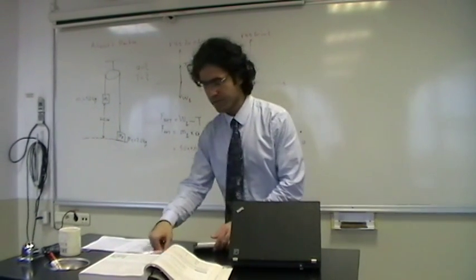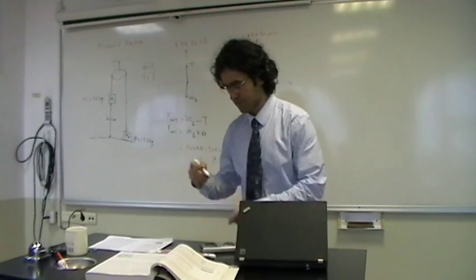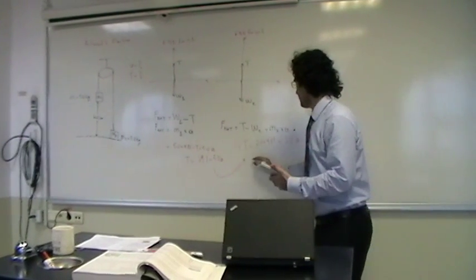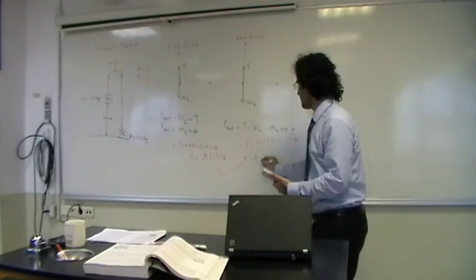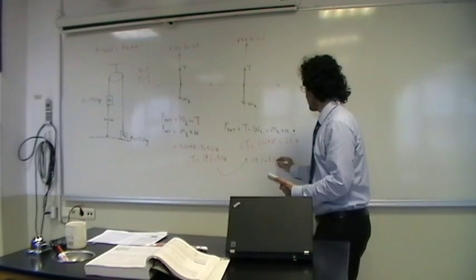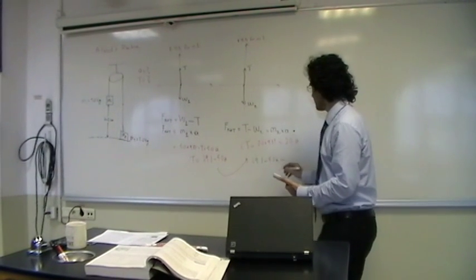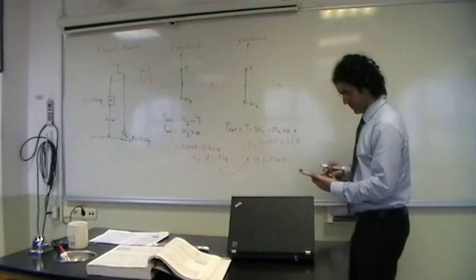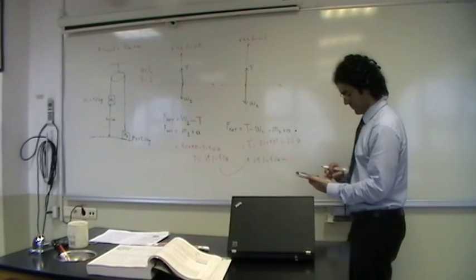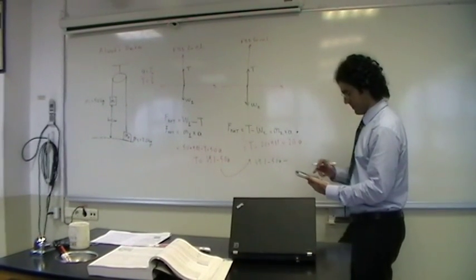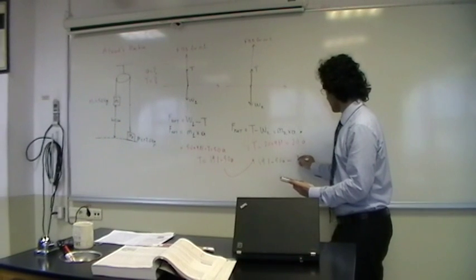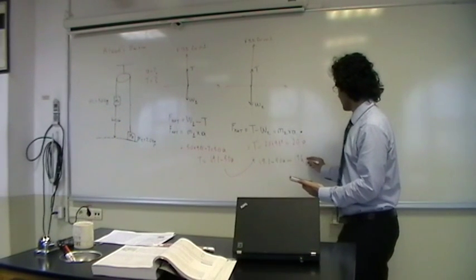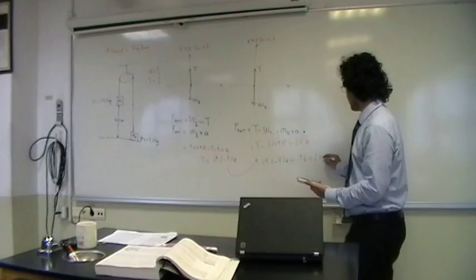Let me change the color. 49.1 minus 5.0a minus, let me do that calculation as well, 2 times 9.81, 19.6, is equal to 2.0a.